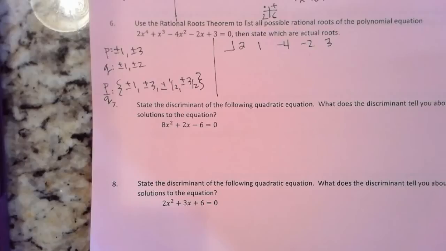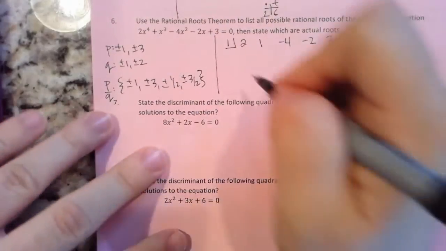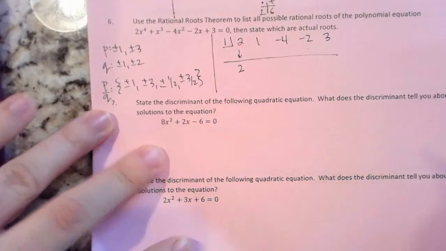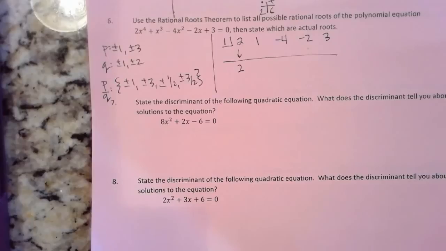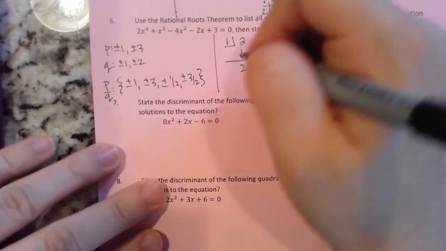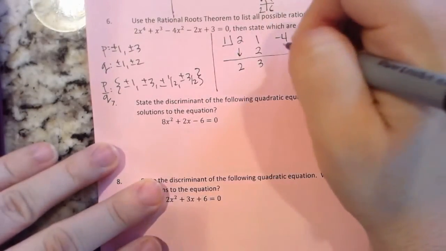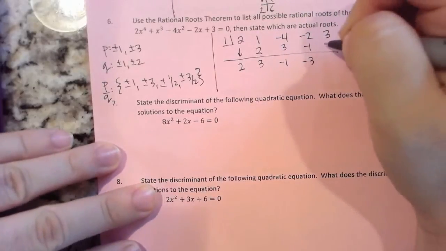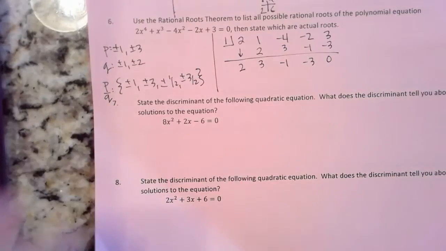Let's try 1. Huh, interesting. 2, 3, 3, negative 1, negative 1, negative 3, negative 3, 0. So x equals 1 is one of my solutions.